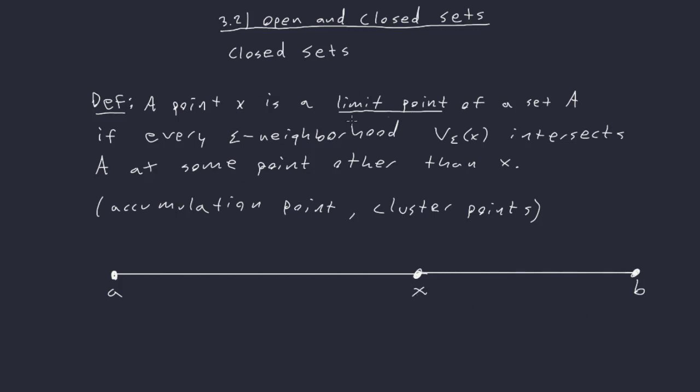What we mean by every epsilon neighborhood intersects A at some point other than X means that for every epsilon neighborhood I make, there's another element in this V epsilon in the set as well, other than X. So it's not just X. Maybe this is one of our epsilons and this is another one.